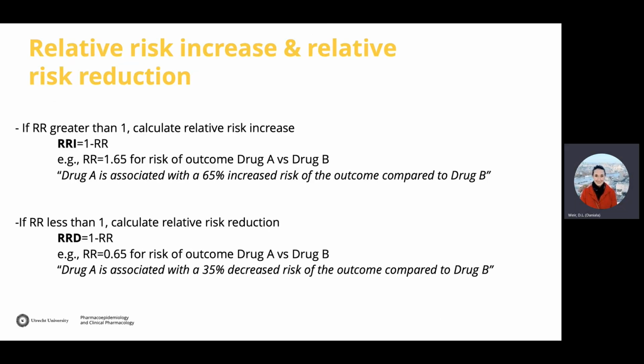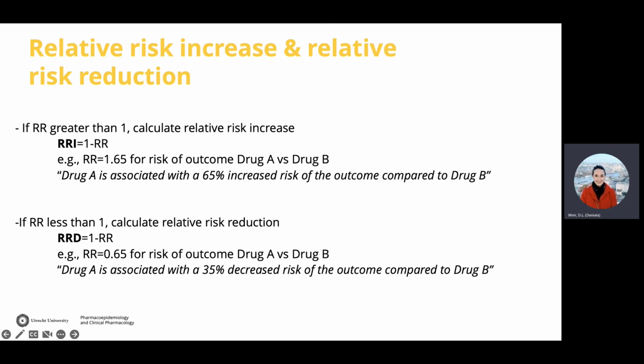So if we determine that our relative risk is greater than 1, then we would tend to calculate a relative risk increase in order to interpret this value. A relative risk increase is just 1 minus the relative risk.